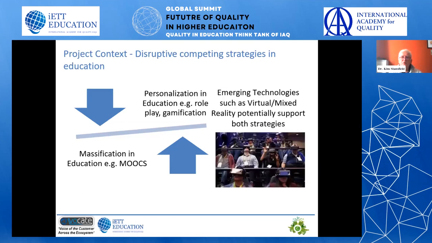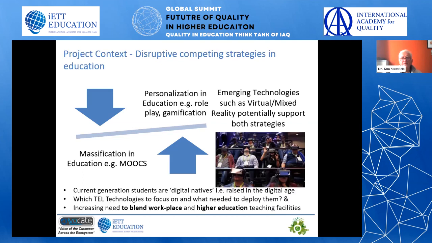And of course, what we see is that the emerging technologies such as virtual reality, mixed reality, potentially support both of these strategies. So it has potential across a number of aspects of different ways you can deploy education.